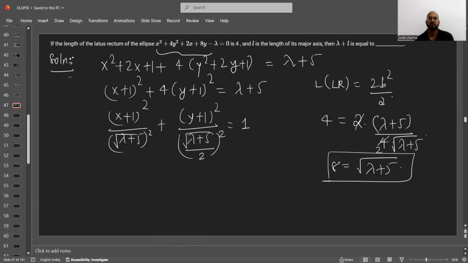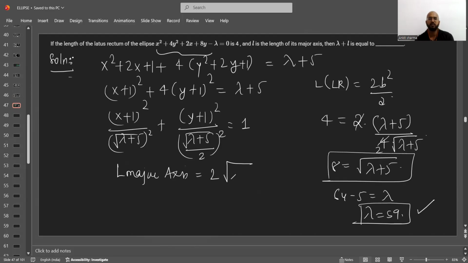And now what we need is L, the length of its major axis. So from here we will get lambda. So 64 minus 5 will be lambda basically. So lambda is 59. So if lambda is 59, then we know the length of its major axis would be 2 into a.